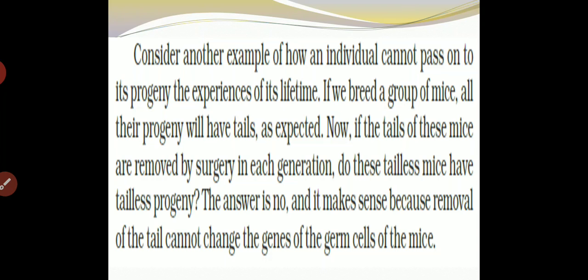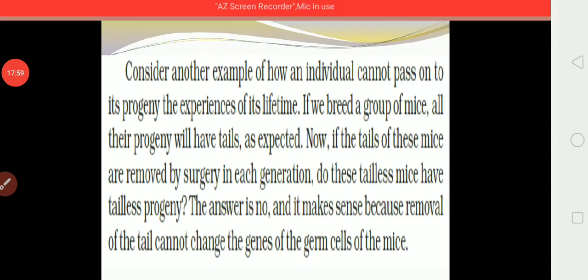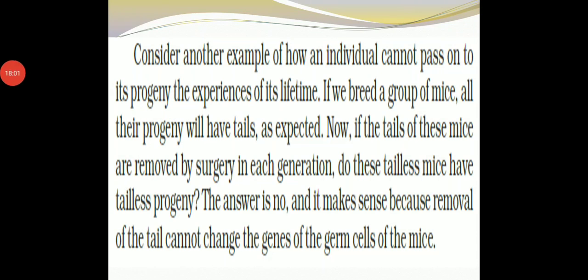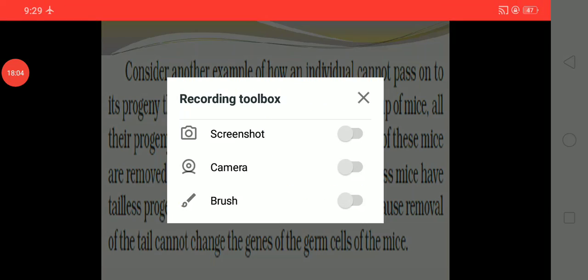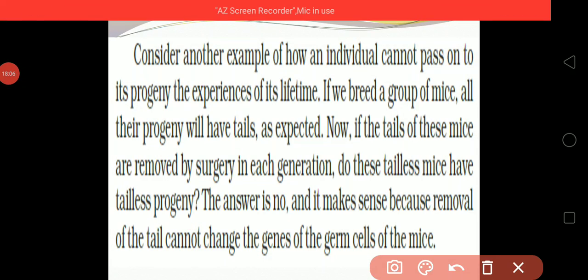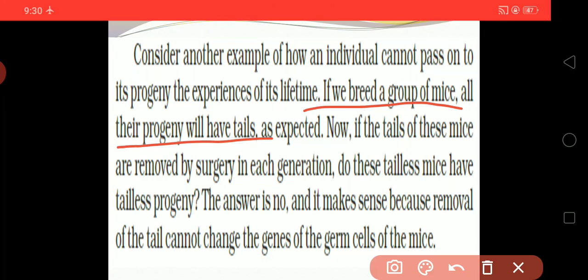If we are breeding a group of mice, all their progeny will have tails as expected.